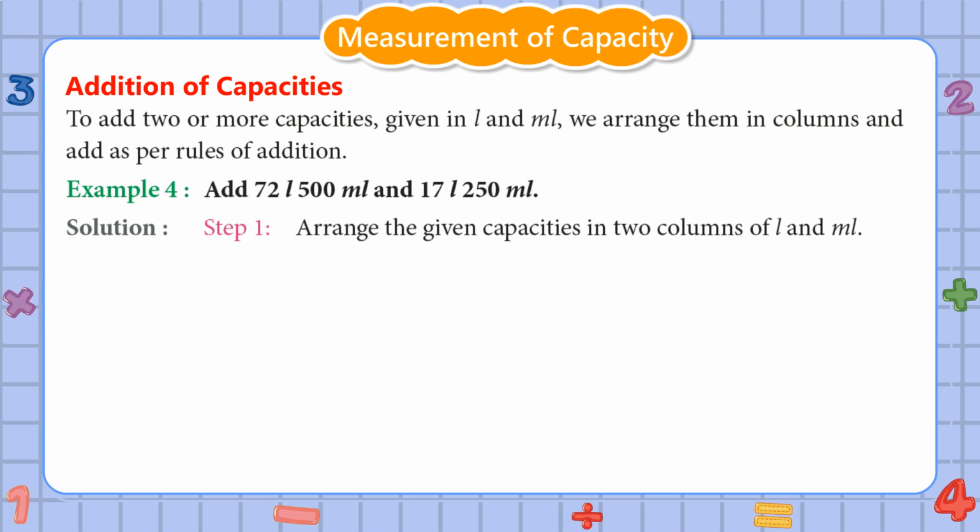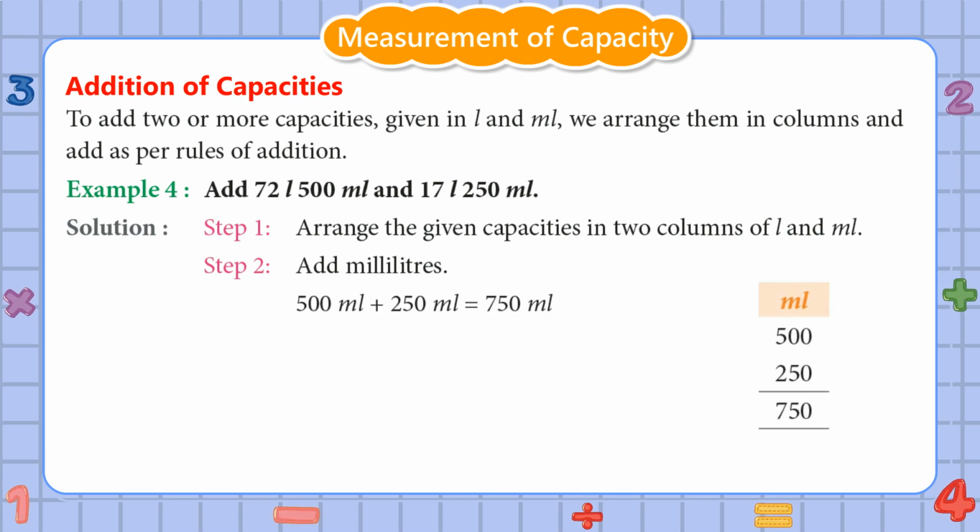Solution. Step 1. Arrange the given capacities in 2 columns of liter and milliliter. Step 2. Add milliliters. 500 milliliters plus 250 milliliters is equal to 750 milliliters.